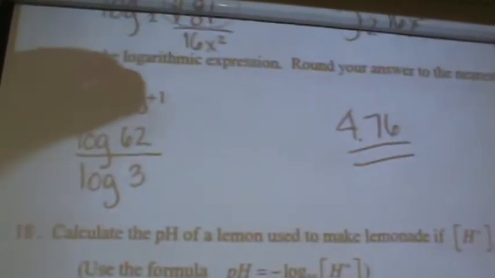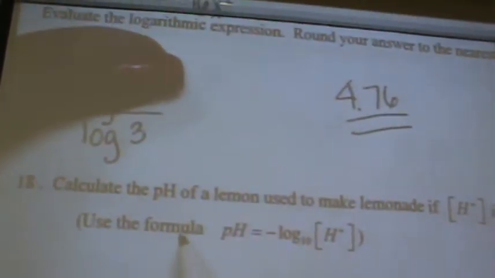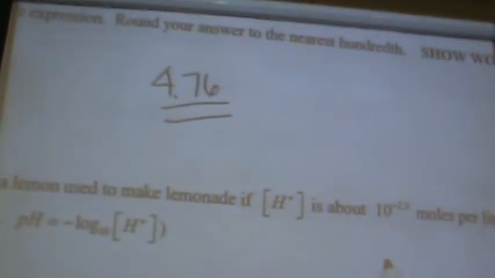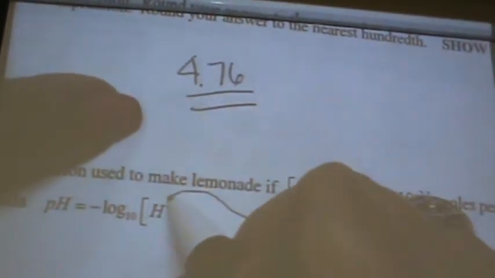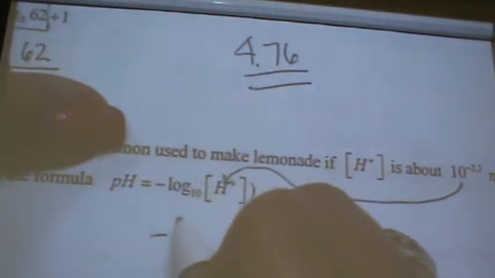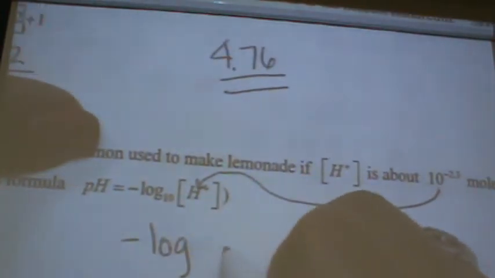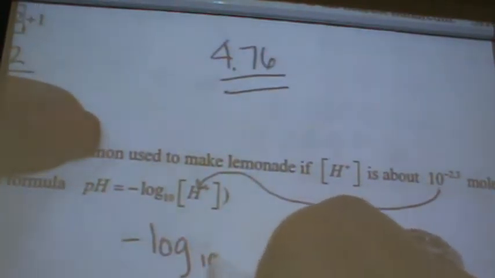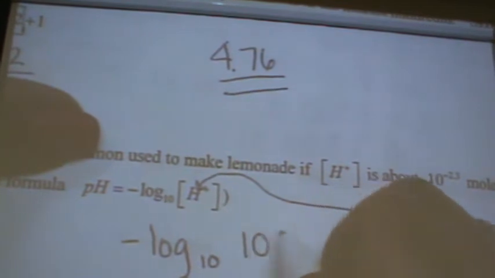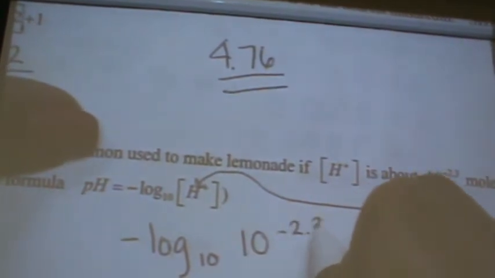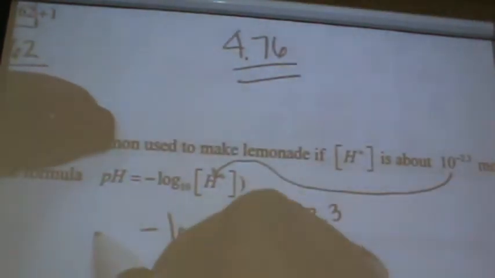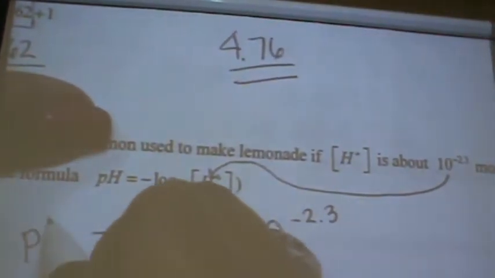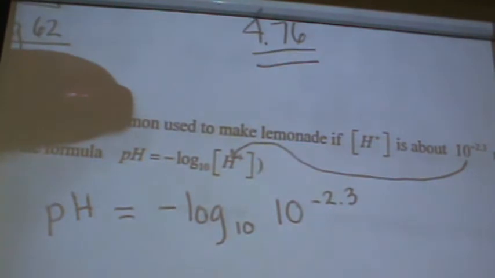This next one, calculate the pH. We did one of these in our old test. This is 10 to the negative 2.3. We're going to put that there. Now, you could do this one even without a calculator if you remember your rules.